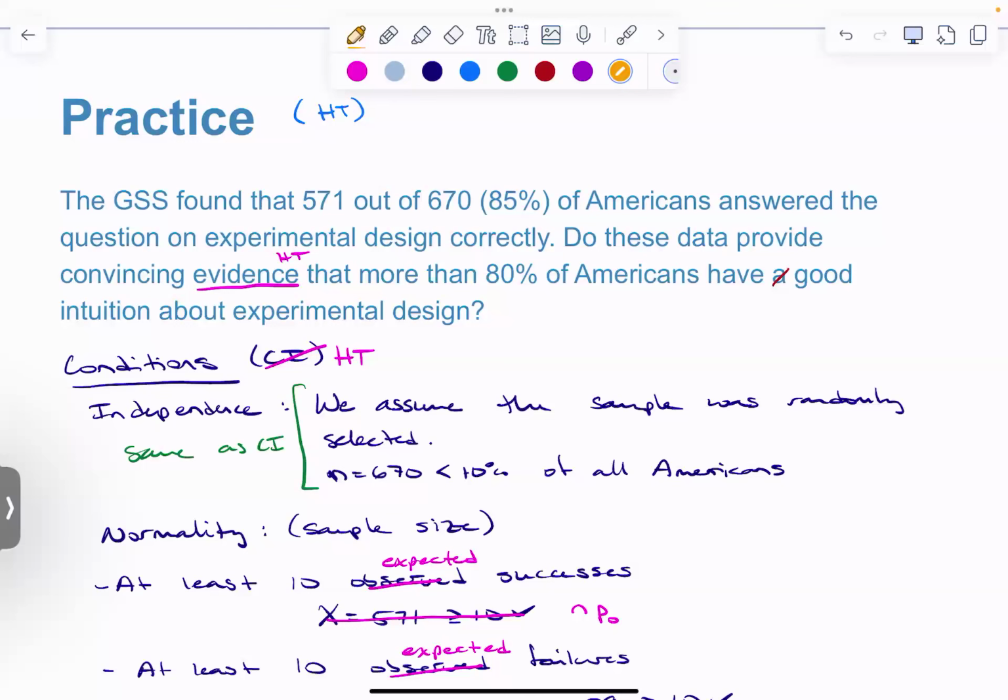So for each of these numbers, let's go through and say, okay, this is my x, this is my n, p hat is 0.85. And then p naught is going to be the number I want to compare my sample proportion to, which is going to be this 0.8. I want to know if there is convincing evidence that more than 80%. 85 is more than 80%, but is it significantly more?